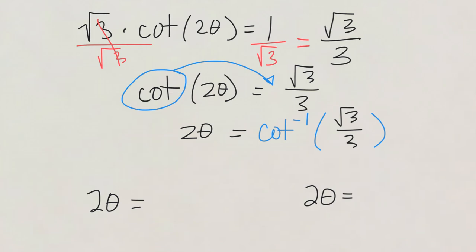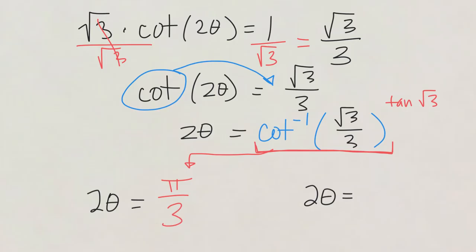There are 2 angles where the cotan is root 3 over 3. Okay, the cotan is root 3 over 3 when the tan is root 3. Where does that happen? Pi over 3 and 4 pi over 3, right?